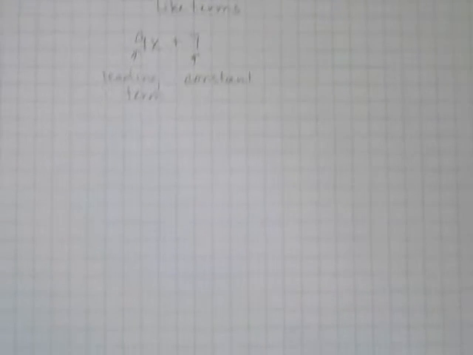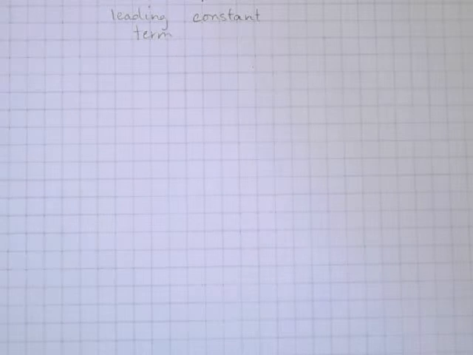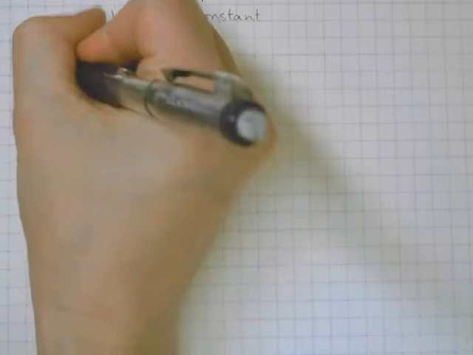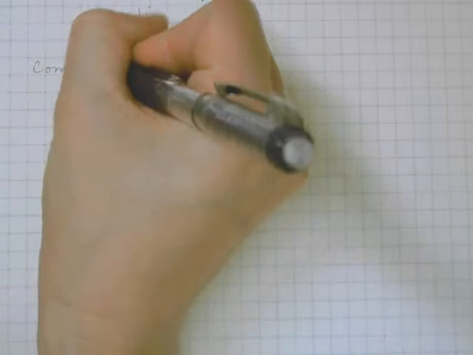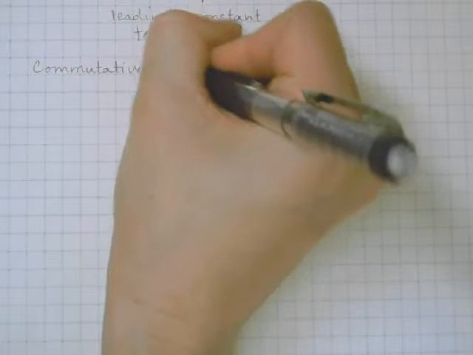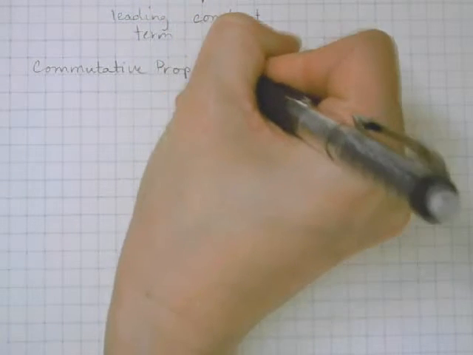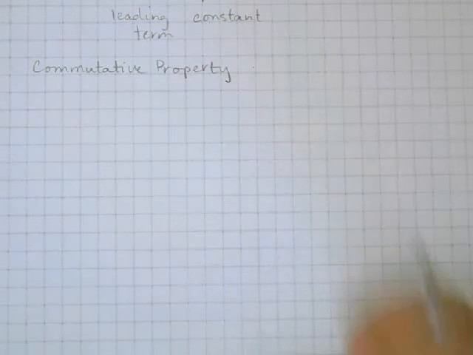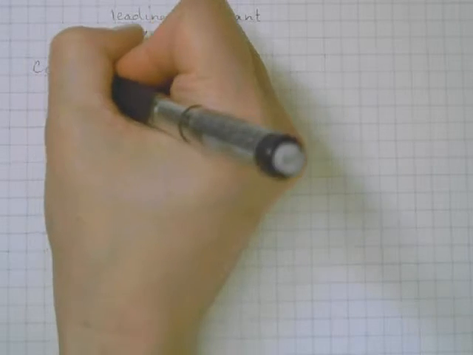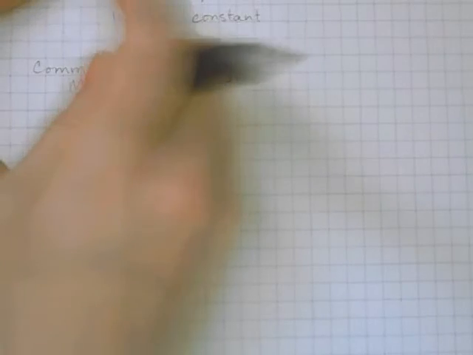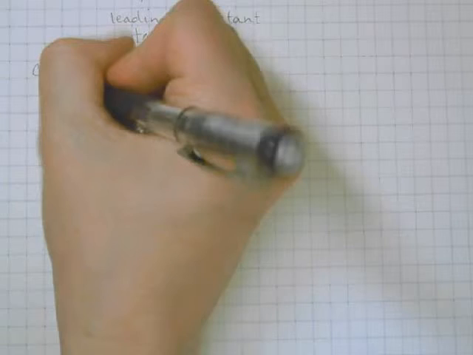So one of the first properties we have to deal with is called the commutative property. We have addition and we have multiplication.